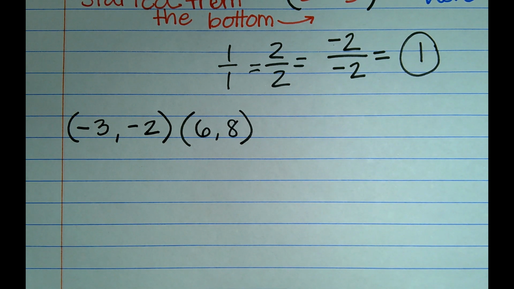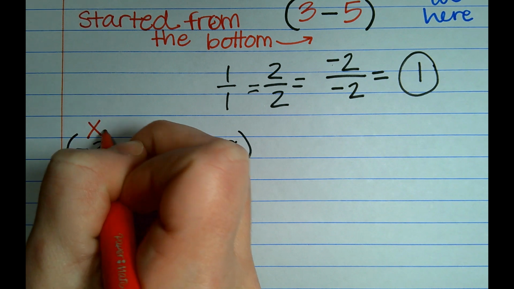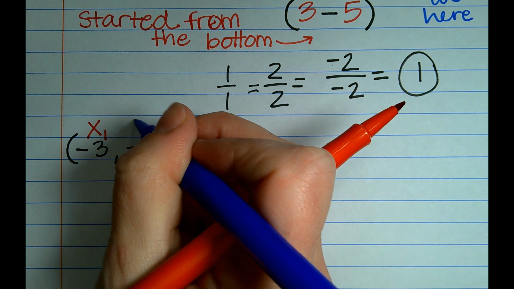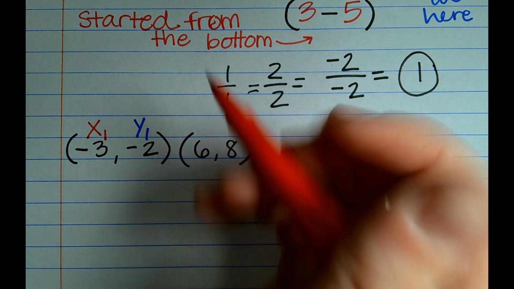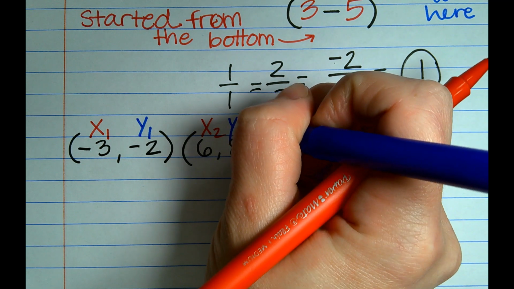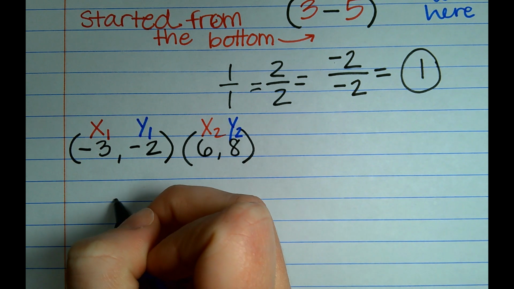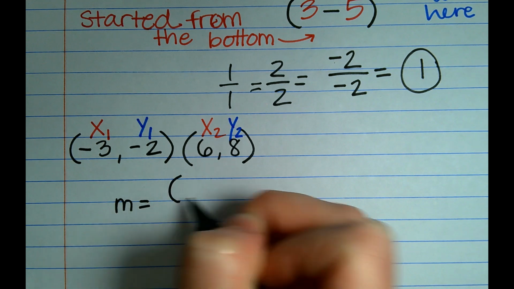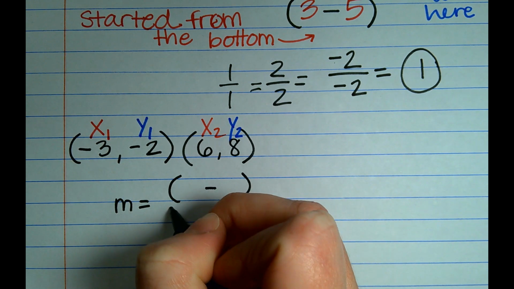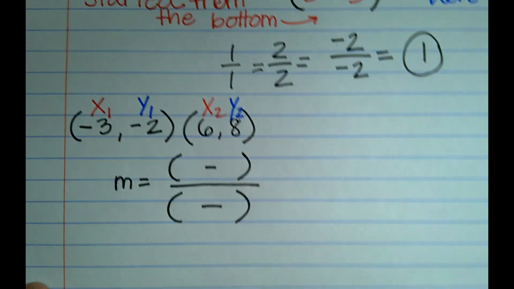Oh my gosh. Okay, so let's label what comes first. X1, and then Y1, and then X2 and Y2. Perfect. So now we're going to make our empty parentheses. Okay.